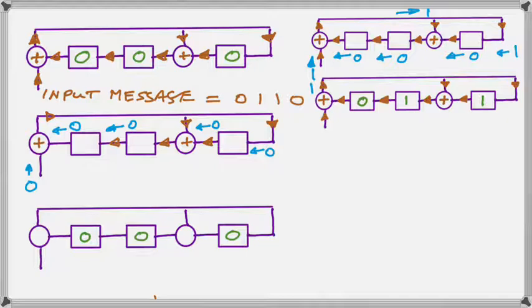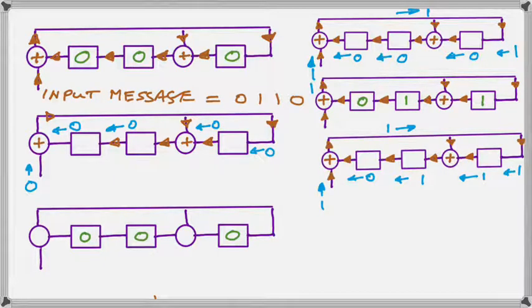So let us see what happens when we feed in the next one. Well, when we feed in the next one, we have a 1 feeding into the rightmost register position there, and a 1 is coming out. So that shows that after the shift, this 1 will go in and that 1 will come out. But as it comes out, it's going to combine with this 1 in the XOR to produce a 0.